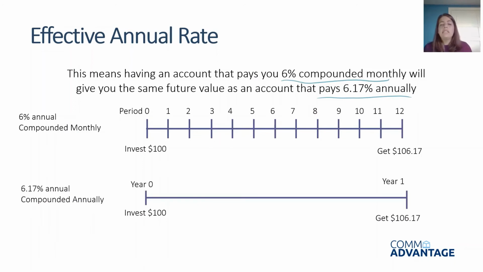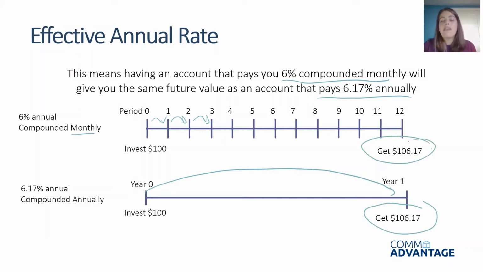And so all we're really talking about here is that if it was compounded monthly, every month we're applying that interest rate, but if it's compounded annually, it's only being calculated once. But it gives us that same final value, okay? And so all we're saying here is that APR is 6%, and the EAR is 6.17%.